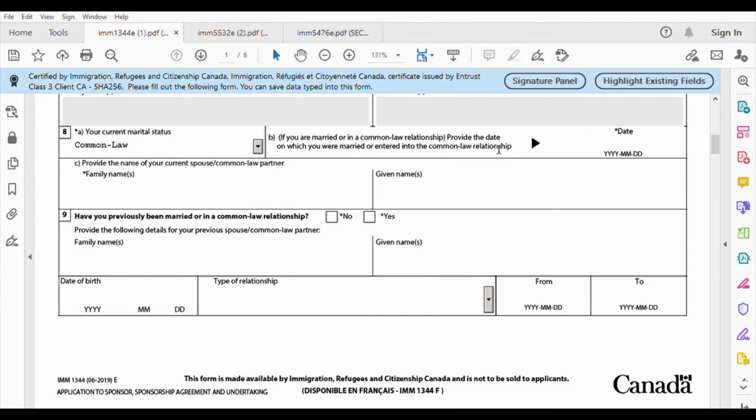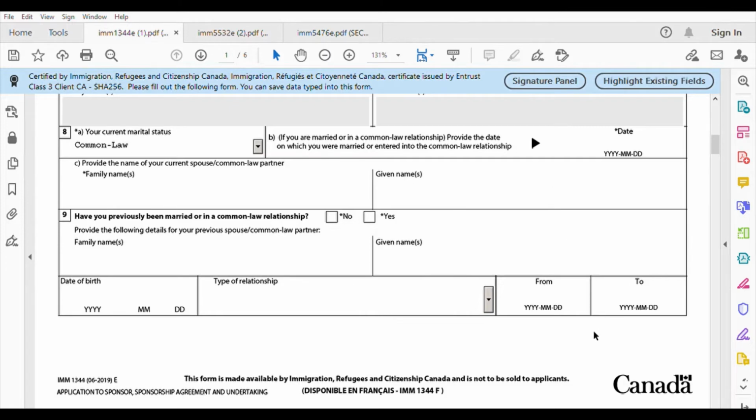Here is a very important thing: if you are married, you provide the date that you got married, but if you are in a common law relationship, you provide the date that you entered into the common law relationship, and it must be at least 1 year of living together. Any date less than 1 year from the date you submit your application is not eligible. So you have to provide a date that is 1 year before the date you apply for the sponsorship.